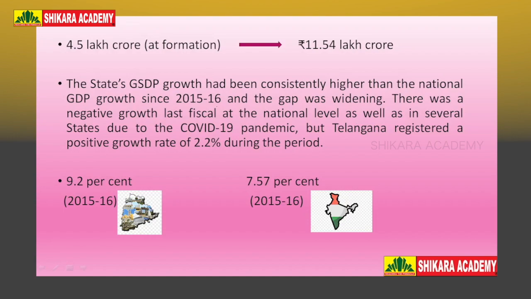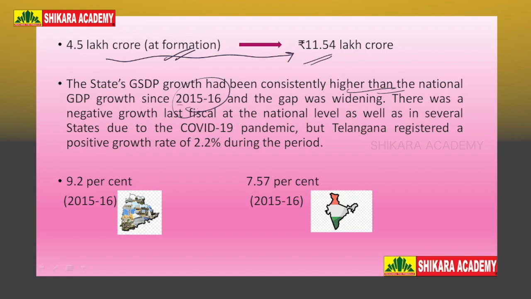Now, if we compare the gross state domestic product of Telangana since its formation, the GSDP has increased from 4.5 lakh crore rupees to 11.5 lakh crore, which is a significant improvement. The state's GDP growth has been consistently higher than the national GDP growth since 2015-16.